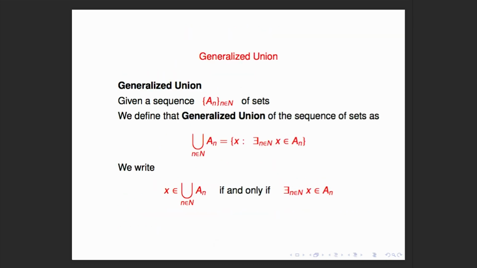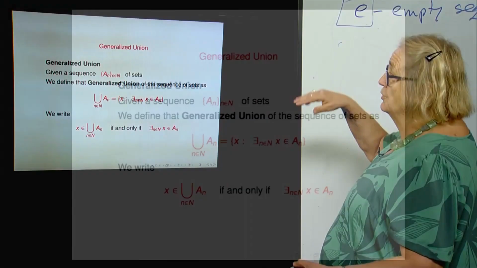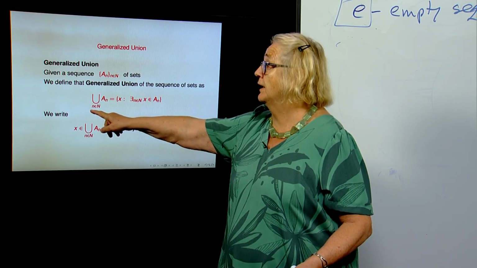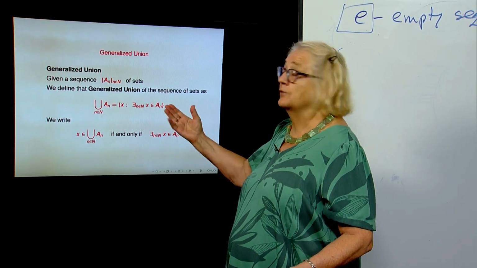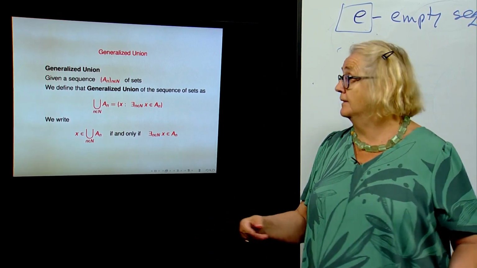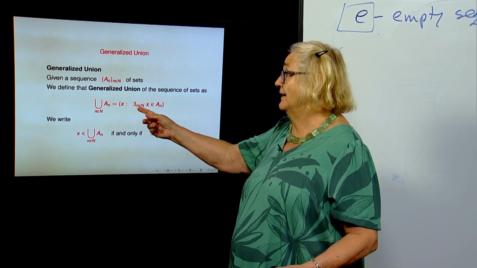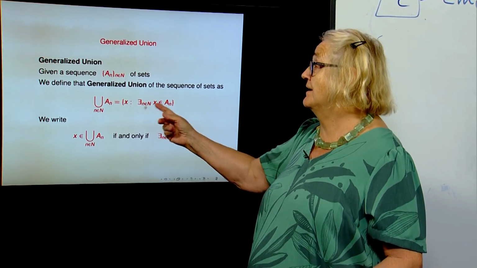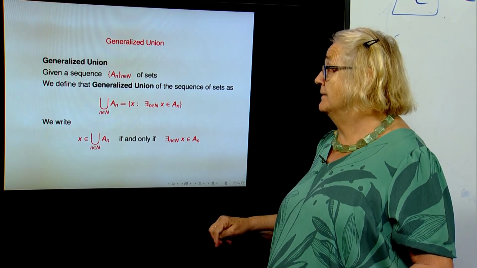And then you have the generalized union. Because if you have a family of sets, instead of writing union F, you can write union over n in N of A_n. So these are all elements for which there exists n such that the element is in some A_n.